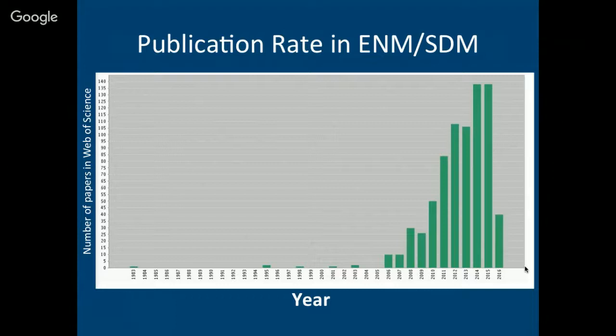And so even in Web of Science, which is a fairly limited pool of journals because it's focused on those which are accorded journal impact factors, you can see more than 100 papers published per year in the last 2 years. So this is a tool that has become very, very popular and very, very widely used.